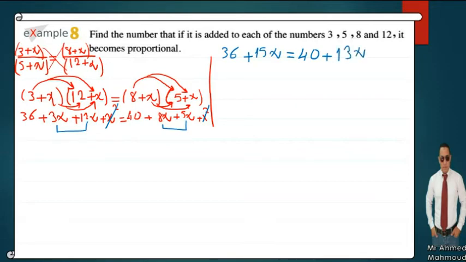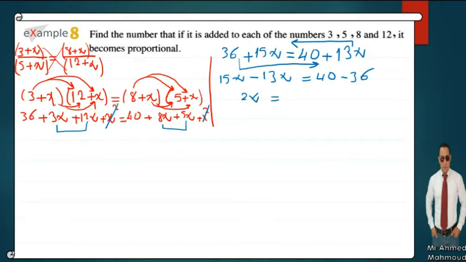Okay, now collect x together and the numbers together. It will be 15x − 13x = 40 − 36. 15 minus 13 equals 2x, and 40 minus 36 equals 4, then divided by 2, then x equals 2, then the number is 2.